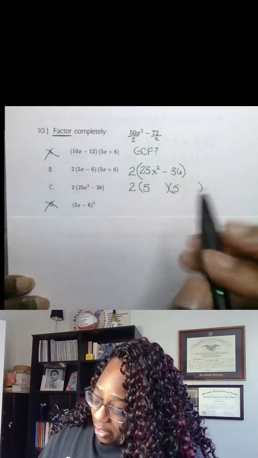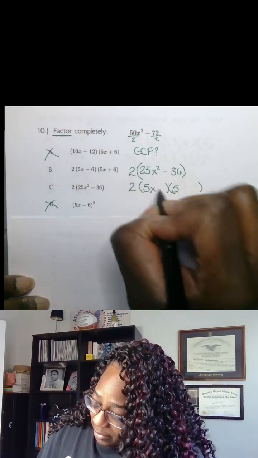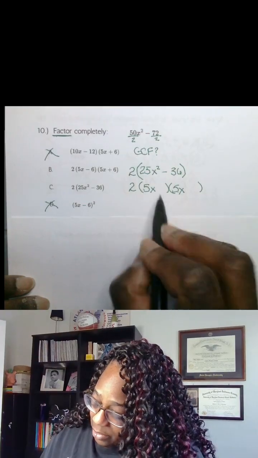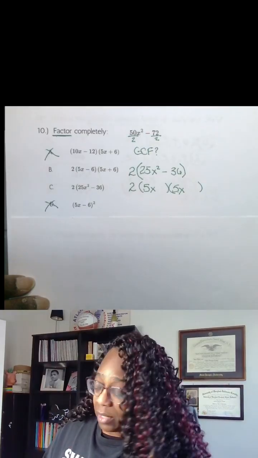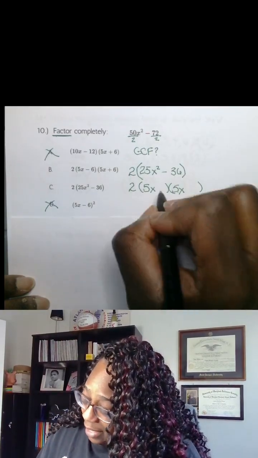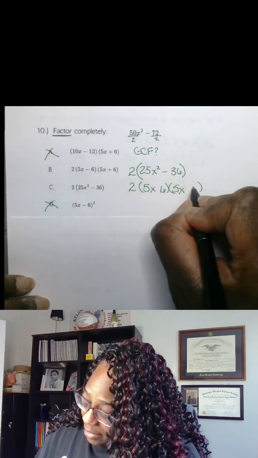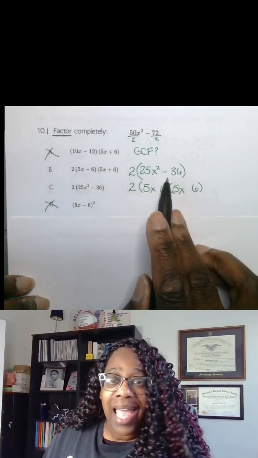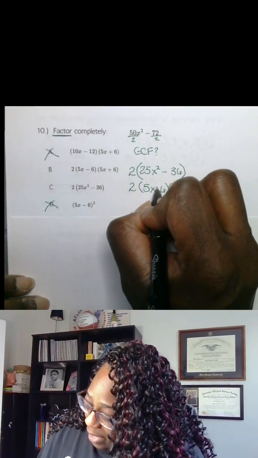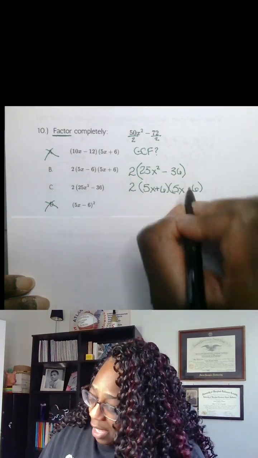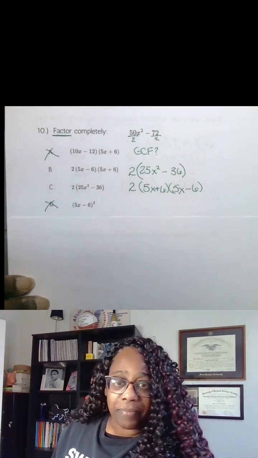Now, the square root of x squared is x, because x times x will give me my x squared. You see how we're kind of doing it in reverse? Now, we have our 36. 36 gives me 6 times 6. But we have a negative 36, so one answer is going to be positive and one answer is going to be negative.